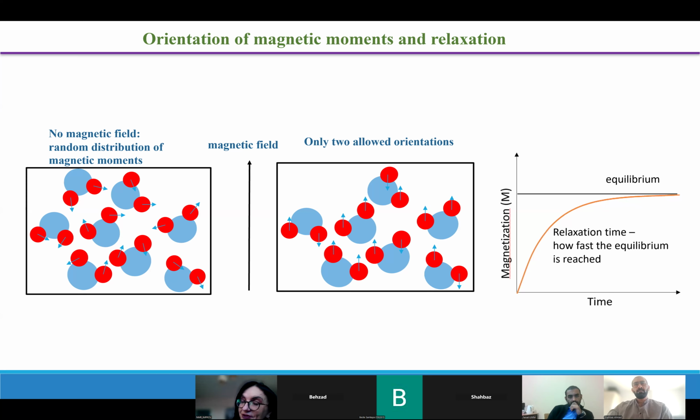Relaxation is actually nothing else than reaching equilibrium in specific conditions. So in this case, relaxation is just reaching the magnetization resulting from the difference in the populations of those two energy levels, as expected by the Boltzmann distribution. And this process is called relaxation, as I said. However, it takes some time. And this time is called spin-lattice relaxation time.